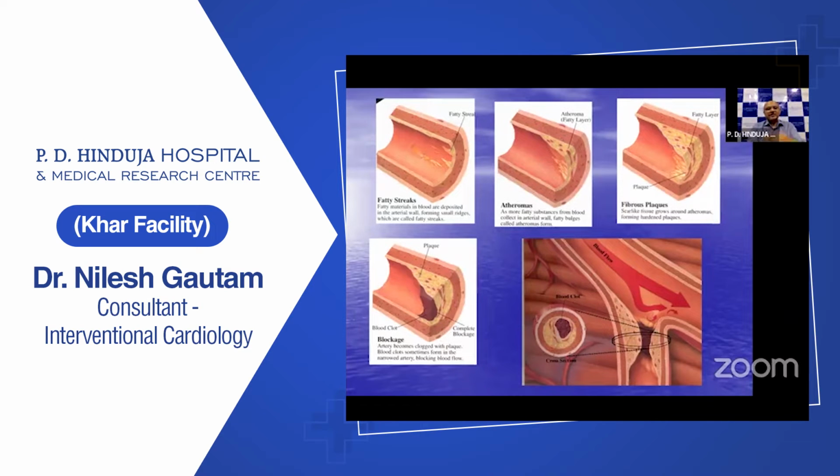So suddenly, with exertion, excitement, or an argument with somebody, the artery cracks from inside, a blood clot sits, severe pain starts, and the patient is having a heart attack.